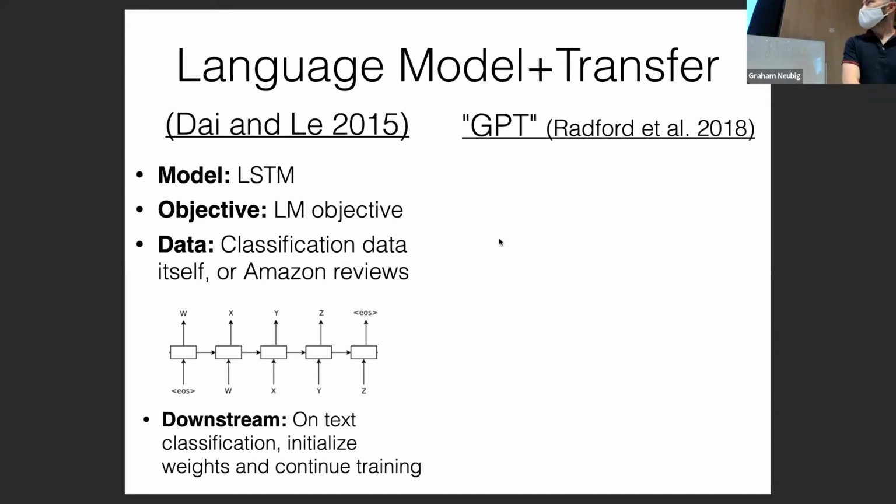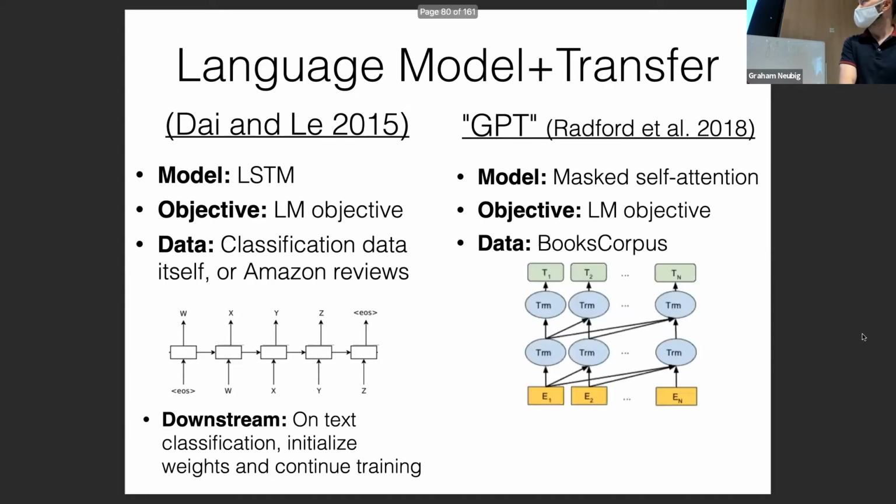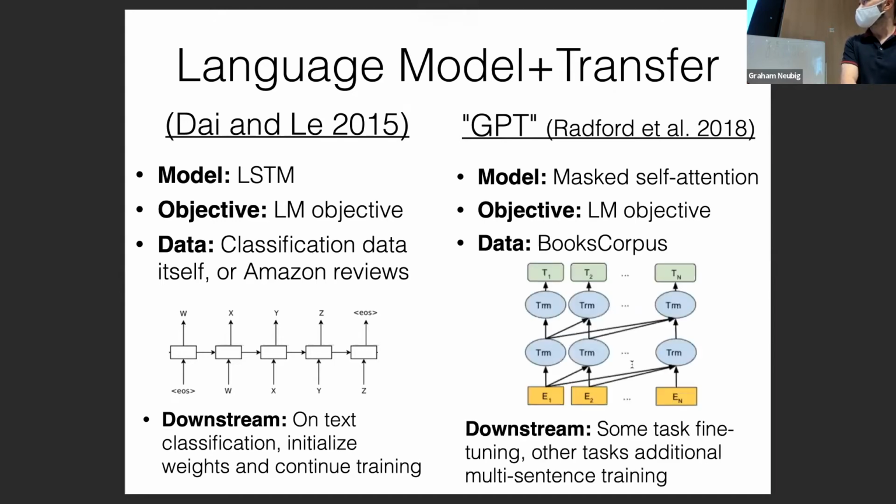Yeah. Cool. So this seminal paper was followed up by GPT in 2018. This is basically the same language model training objective, but it's using a transformer model instead, and it was trained on different data. Downstream, they did both fine tuning and other approaches.